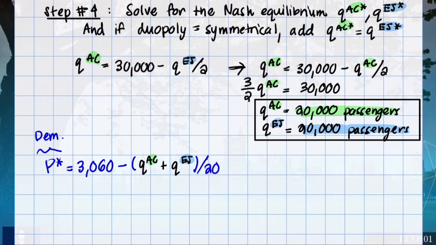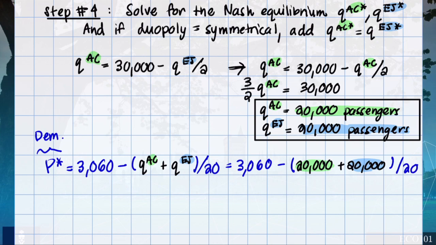That's just our demand function. And we know these quantities now. So 3,060 minus 2 times 20,000, so 20,000 tickets sold by Aero Canada and 20,000 sold by EastJet as well at the equilibrium.